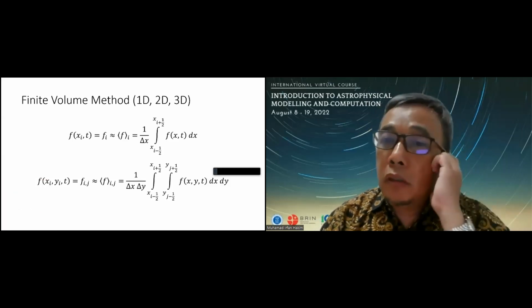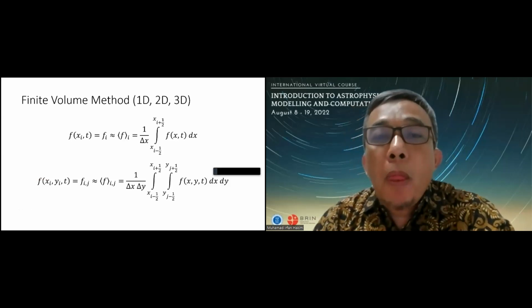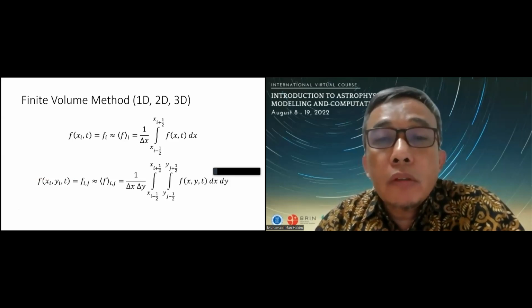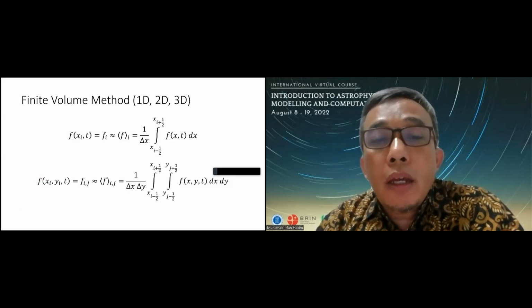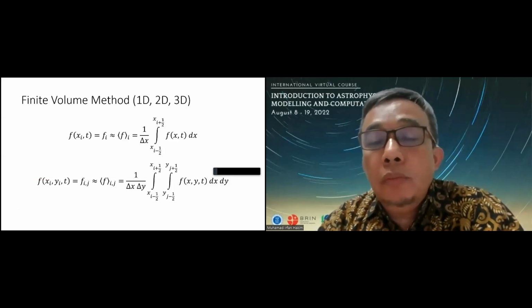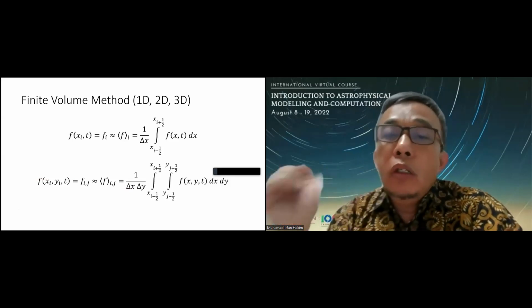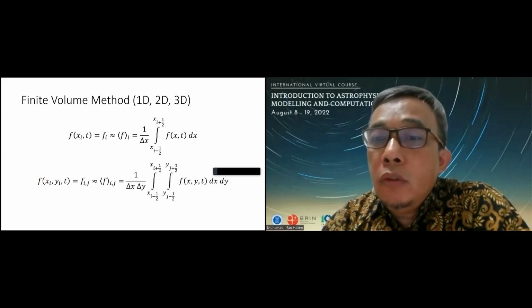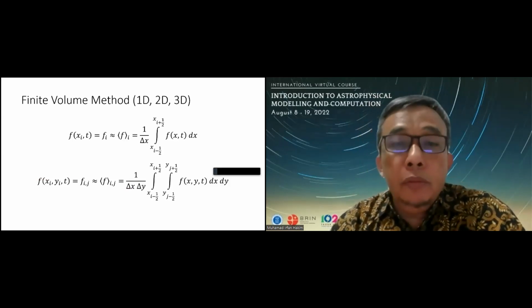Now I use the pen here. For 2 dimensions, we use the same analogy here. So the integral is double here, one for the x variable, another for the y variable.